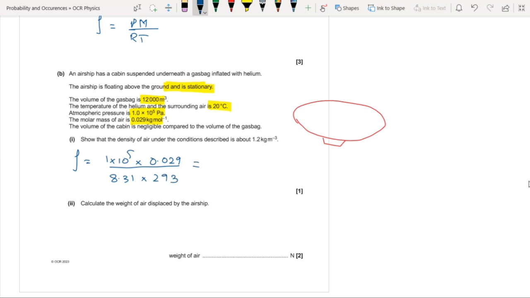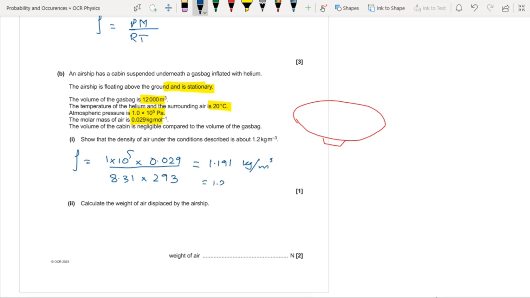This would give us 1.191 kilogram per meter cube. And to two significant figures, this is 1.2. And moving on.